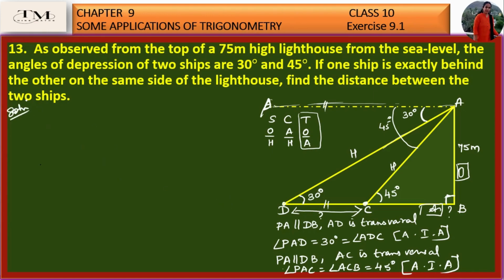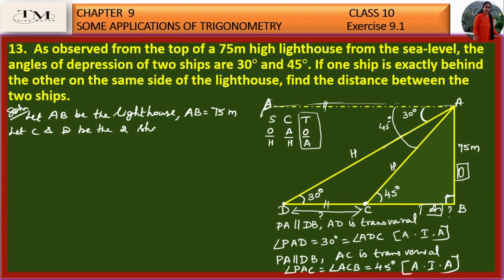What are the things we have to assume? Let AB be the lighthouse. Its height is 75 meters. Next, let C and D be the two ships.